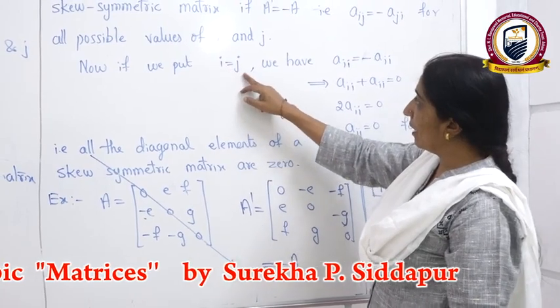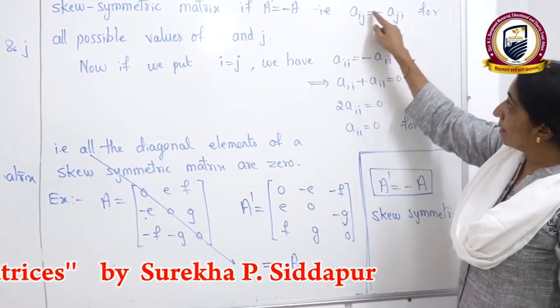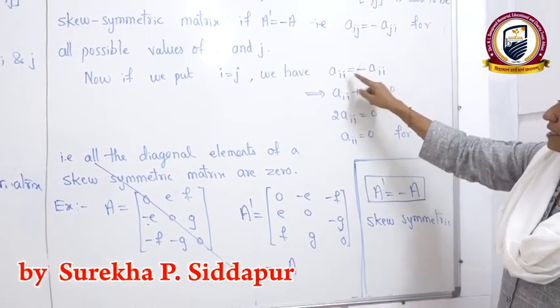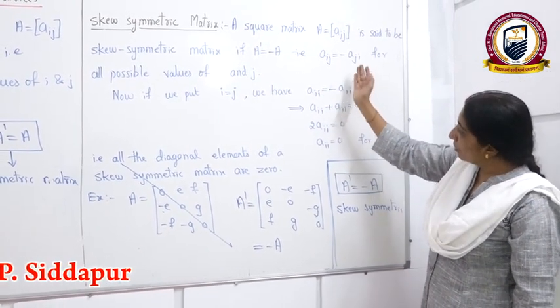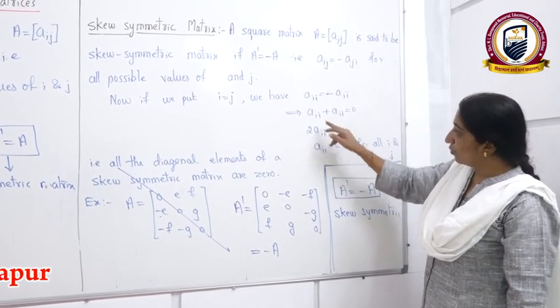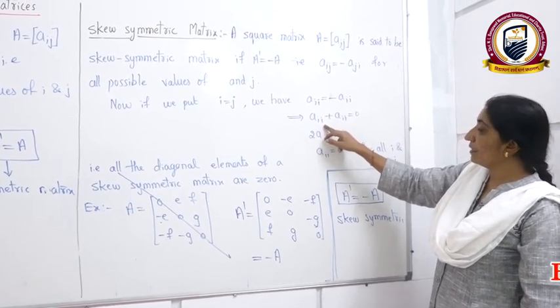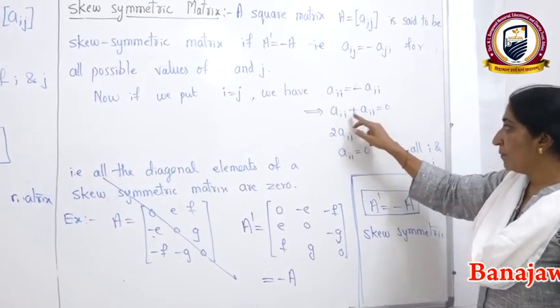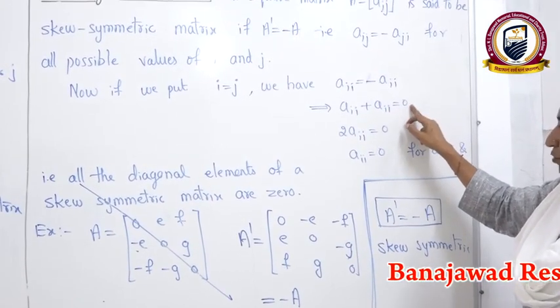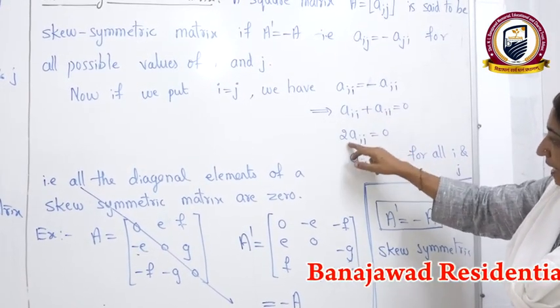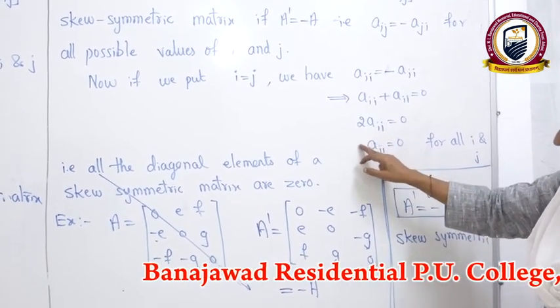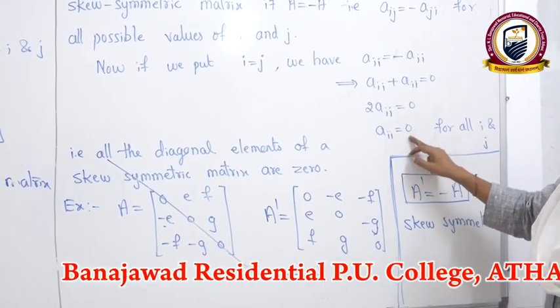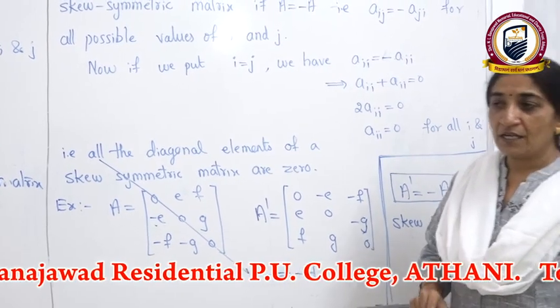If i and j are equal, the definition becomes aii is equal to minus aii. Take it to the other side, so aii plus aii is equal to 0. They are similar elements, add them, and 2aii is 0. That indirectly tells you the diagonal elements are 0.